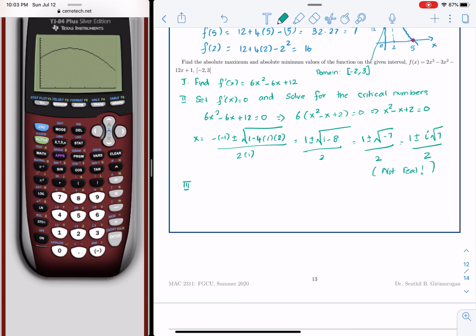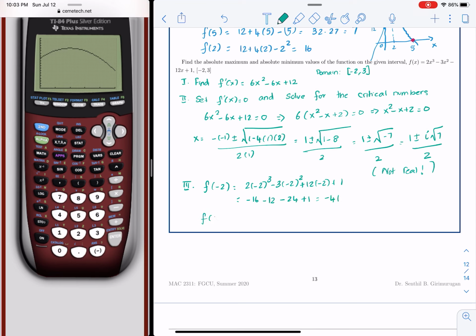So all we can say now is find f of -2, which should be 2 times -2 cubed minus 3 times -2 squared plus 12 times -2 plus 1, -16, -12, -24 plus 1, which is -41.